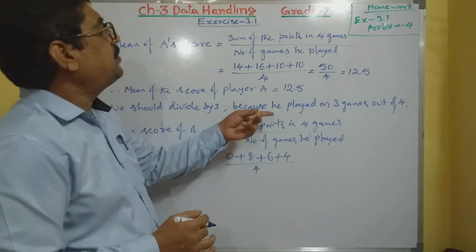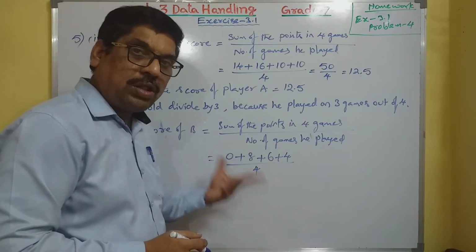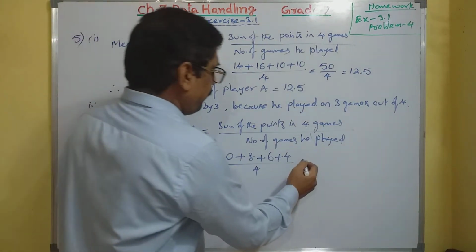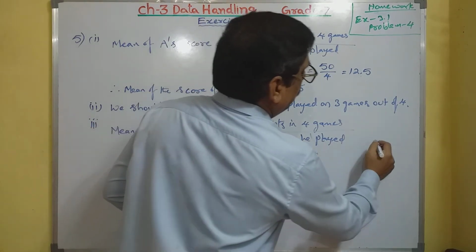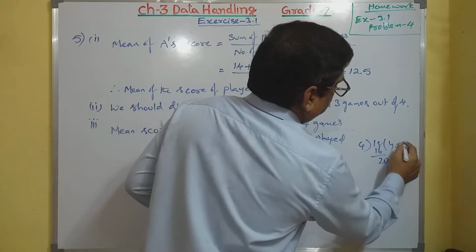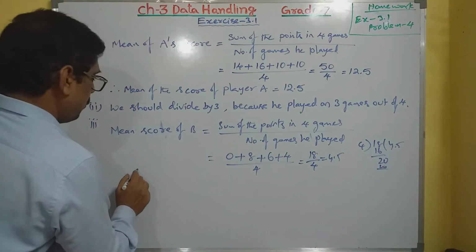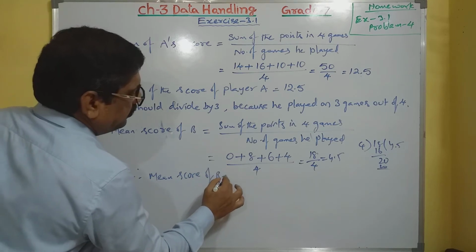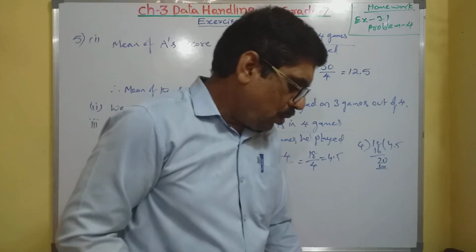Because in the earlier case, out of 4 games, he played only 3. But here he has played all the 4 games. But in one of the games, he got only 0 points. So we have to take 4 only. 8 plus 6 plus 4, that is 18. 18 by 4. 4 4 is 16. So we get 4.5. Therefore, the mean score of B is equal to 4.5.